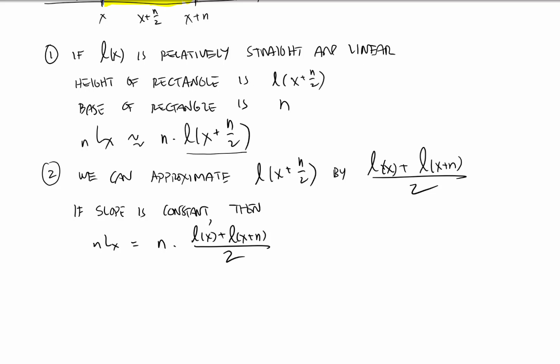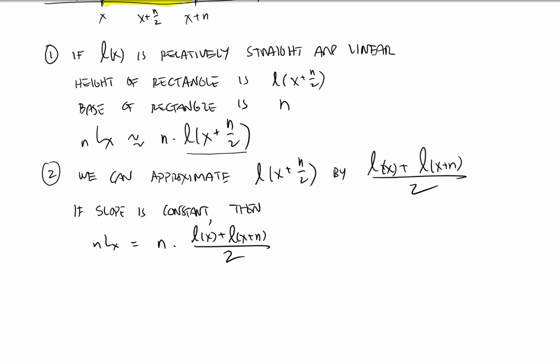If, on the other hand, L of x plus n is quite a bit lower than L of x, then it means that a lot of people died, and that means that the slope of the L of x is going to be very steep. So we can tell a lot about mortality by looking at the slopes. We're going to come back to that in a little while.